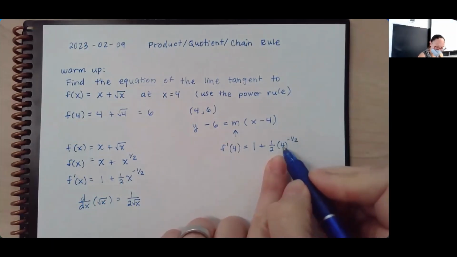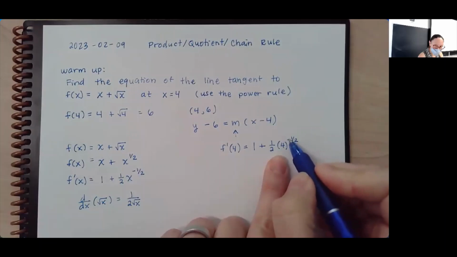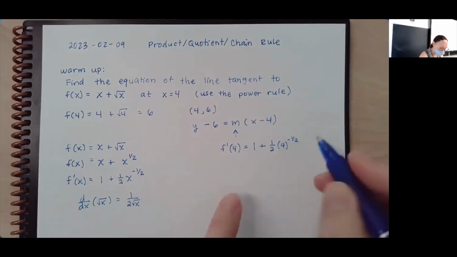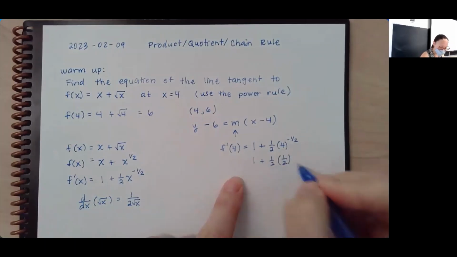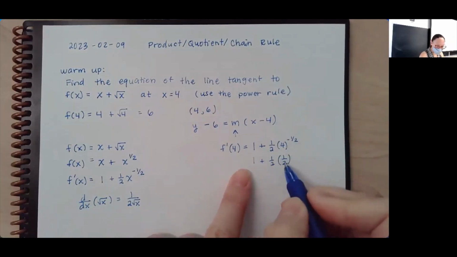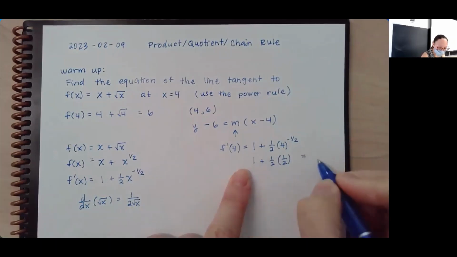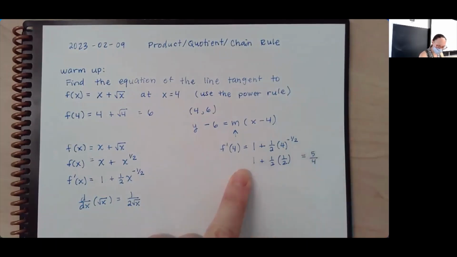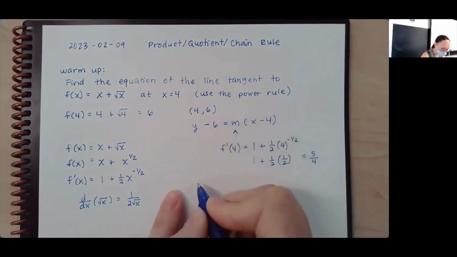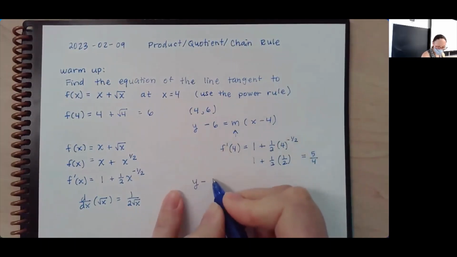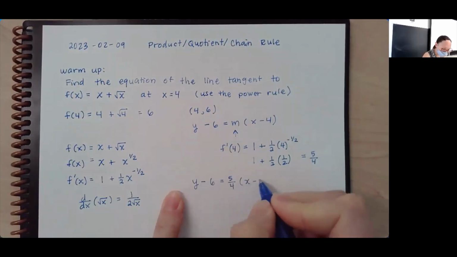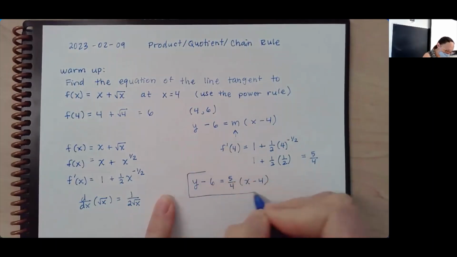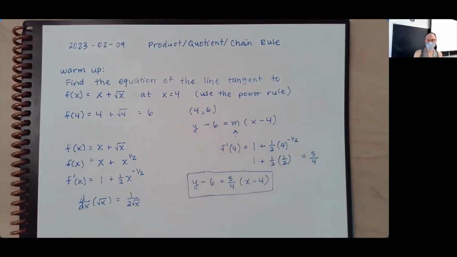So if I take the square root of 4, I get 2, and then the negative, meaning put it on the bottom of the fraction, I'll have 1 plus 1/2 times another 1/2. That's 1/4. 1 plus 1/4 is going to put me at 5/4. And that's what I'm going to plug in for my slope. So I would write the equation of the tangent line as y minus 6 equals 5/4 of x minus 4. And that would be my final answer.